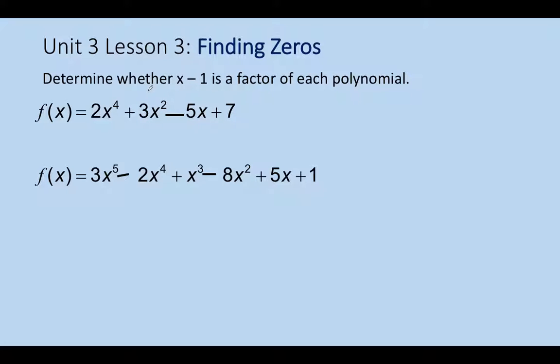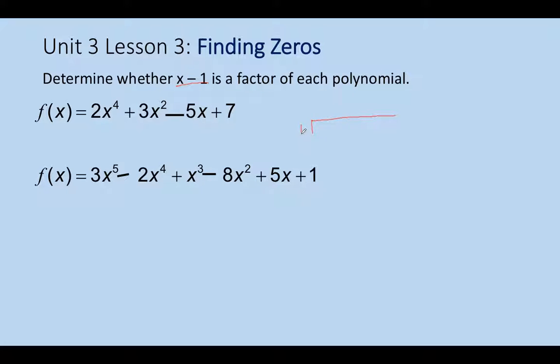So again, here's an example. We're giving you a sort of one solution. We're actually just trying to determine whether or not this is a solution. So this is actually very much like what we did in the previous lesson with the synthetic division. Is it a solution? That means is x minus 1 a factor?